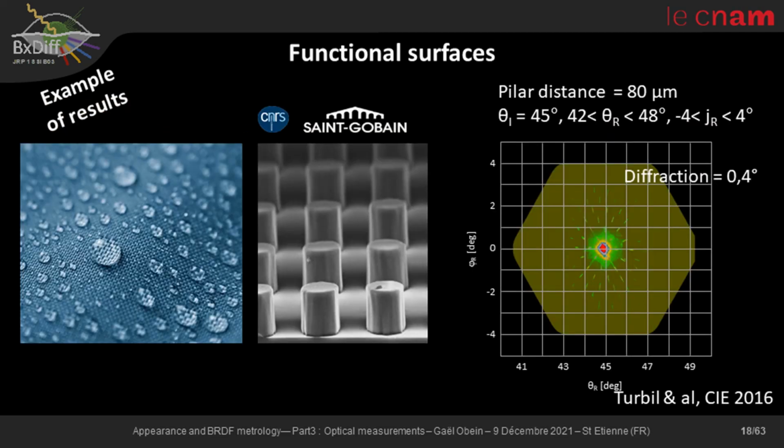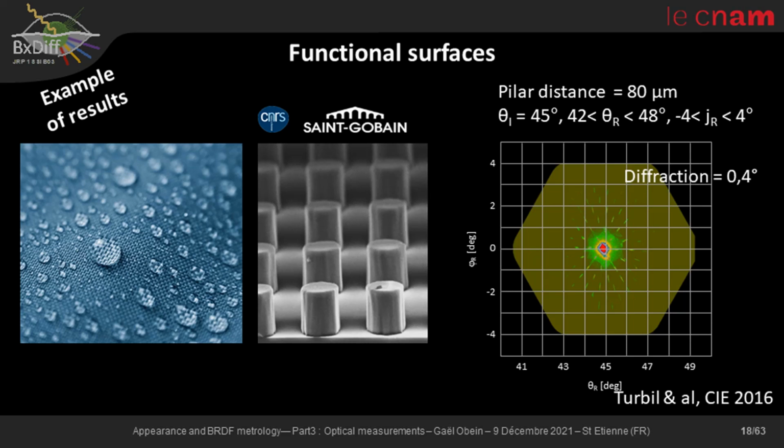One last thing that is funny is that kind of measurement where you have a hyperhydrophobic surface that is made of micropillars that have a size of 30 microns. And so, in fact, with the light, it gives a grating.